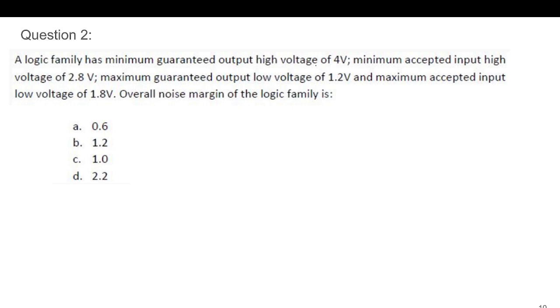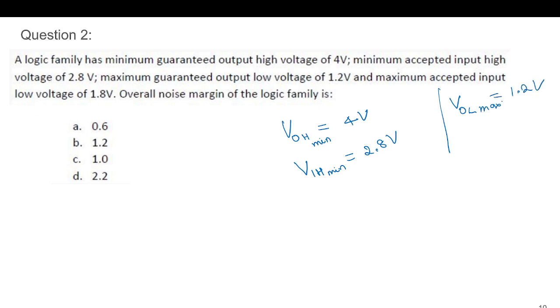Here it is output high voltage, so the voltage is more and this is minimum. For input high, it is 2.8, and this is output low and maximum, the voltage is 1.5.